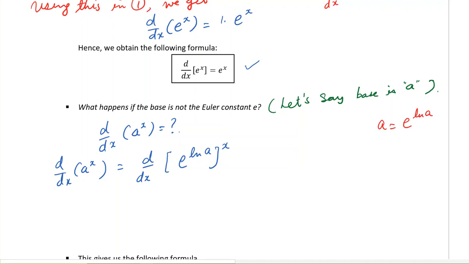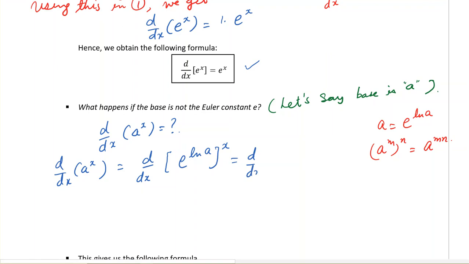We can write a is equal to e raised to power ln a. In the next step, we rewrite this again in a clever way. We know the exponential rule that if you have a power raised to a power, the powers are just multiplied. So I'm using this rule of exponents.